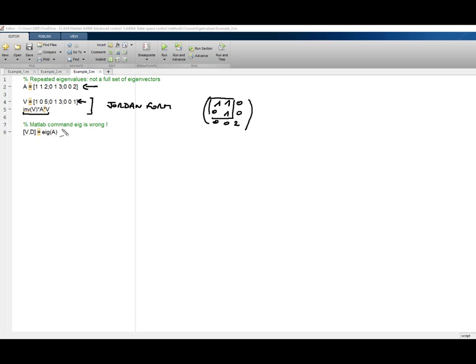And if you compute the eigenvalues and eigenvectors using the eig command of MATLAB, you will see that the result is wrong. So if you use this command on a matrix that is not diagonalizable, the results are wrong, and you should keep this in your mind.